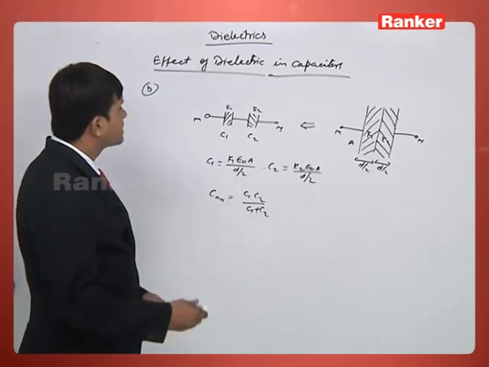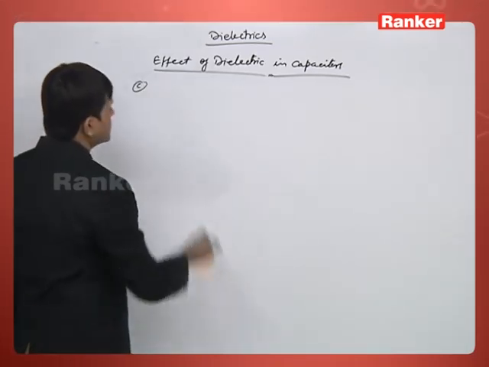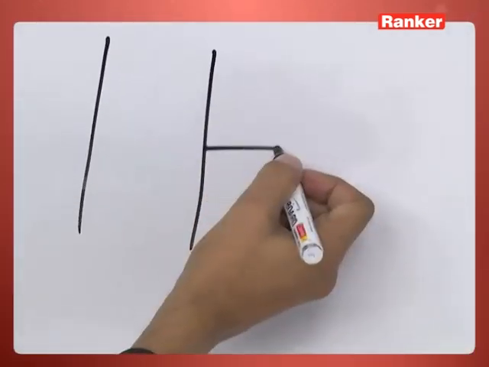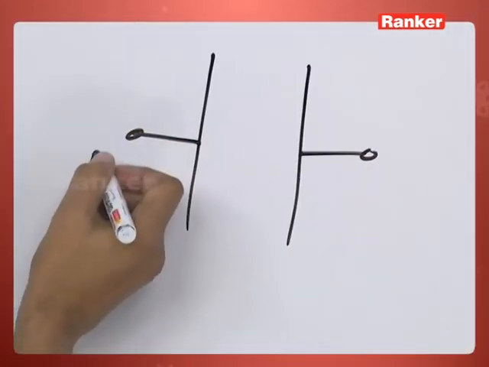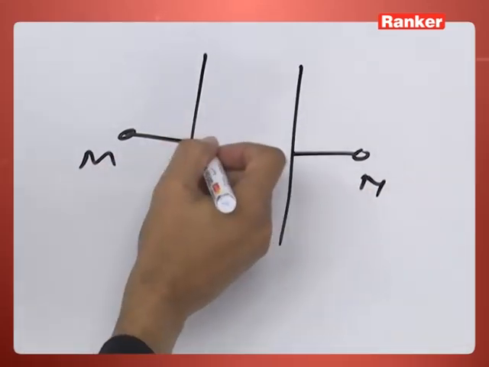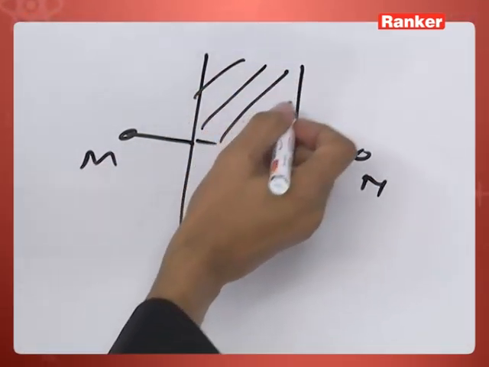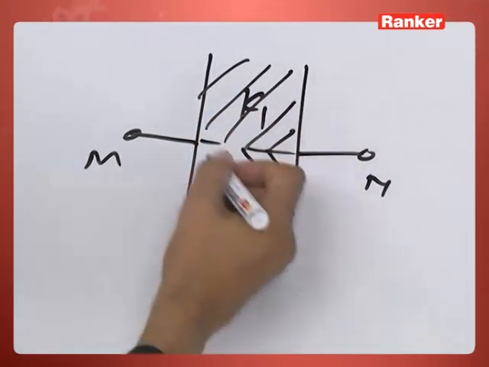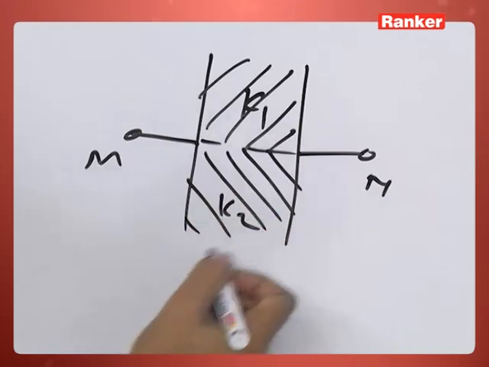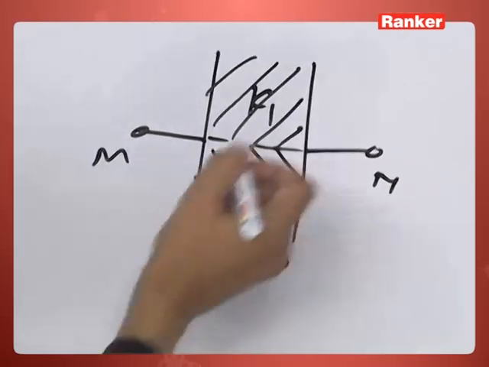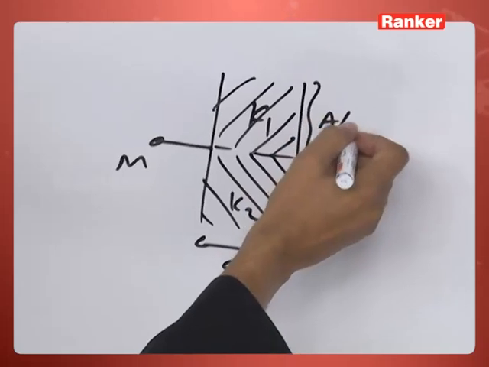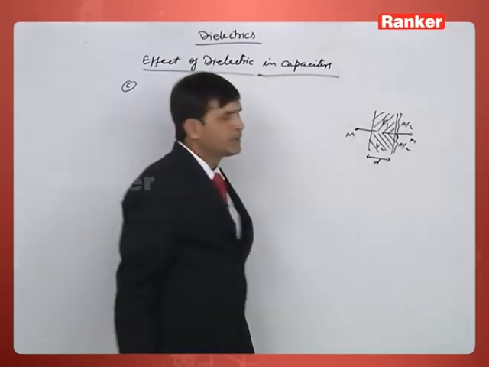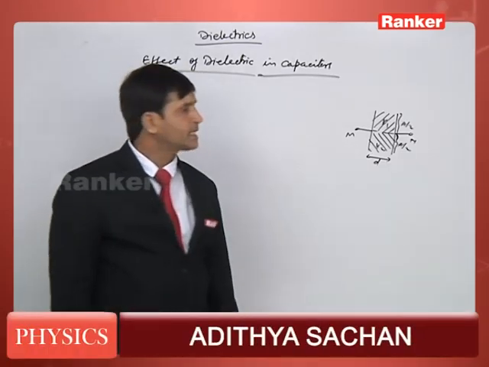Now see another example, the third one. If the gap between the plates is filled in this manner, see here M and N. Let one dielectric K1 be here and another dielectric K2 here. The gap here is still d, but the area is A by 2, half of the space filled with dielectric K1 and the other with dielectric K2.